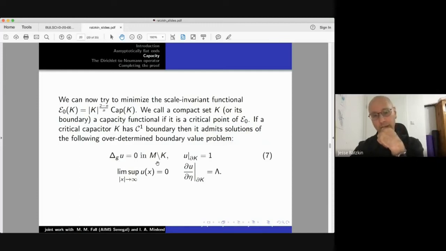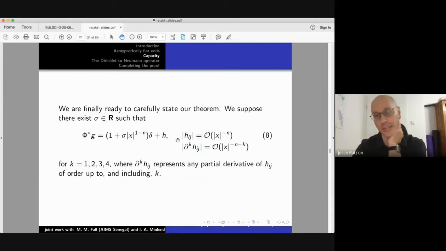The overdeterminedness comes from the fact that I'm prescribing both the Dirichlet data and the Neumann data. The Dirichlet data has to be 1, the Neumann data has to be constant. So most compact sets K, or the complement of most compact sets K, will not admit a solution to a problem like this. Okay, so we can finally state the theorem.